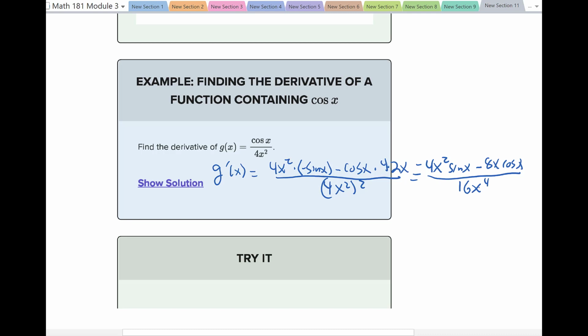And we could reduce 4 out of all this to give us negative x squared sine x minus x cosine x over 4x to the fourth.